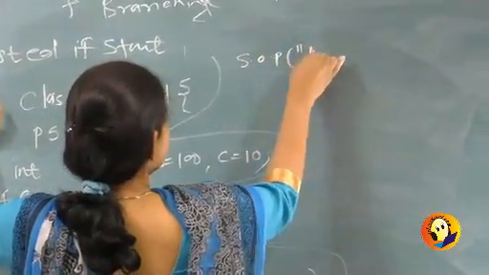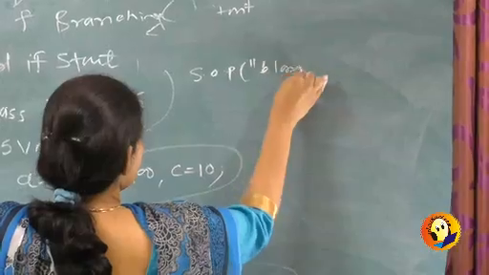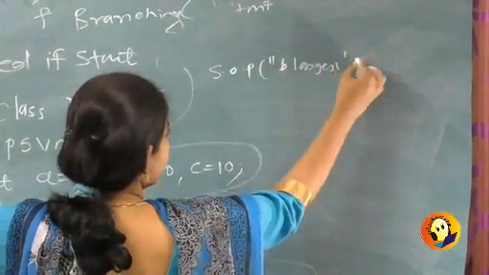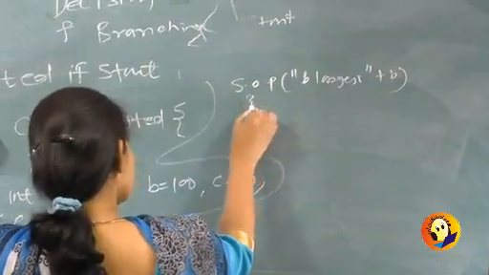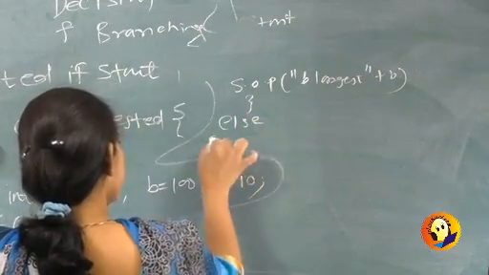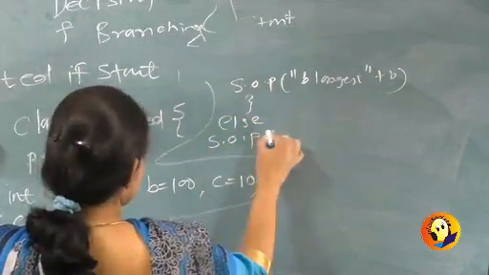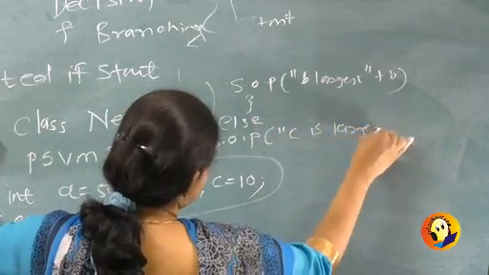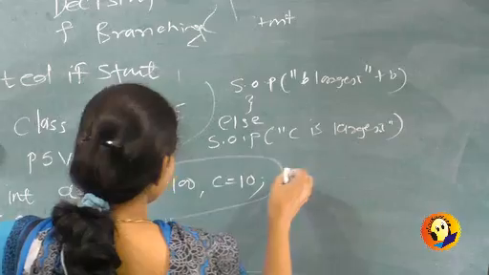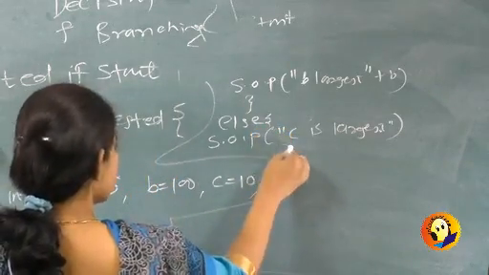System.out.println "b is largest number", and you need to display the value of b on screen. Okay, else what you need to display? "c is largest number", and you need to display the value of c on screen.